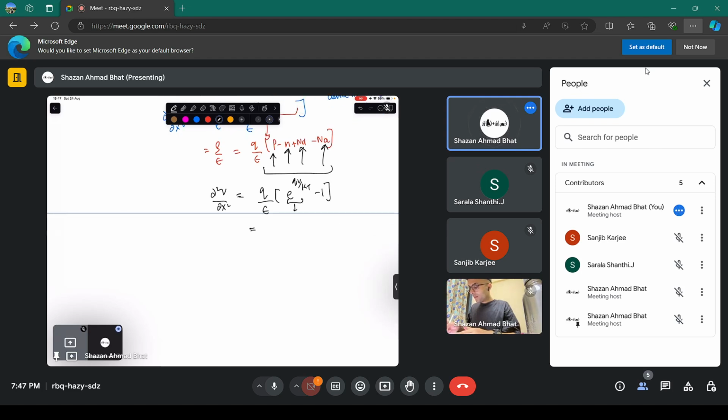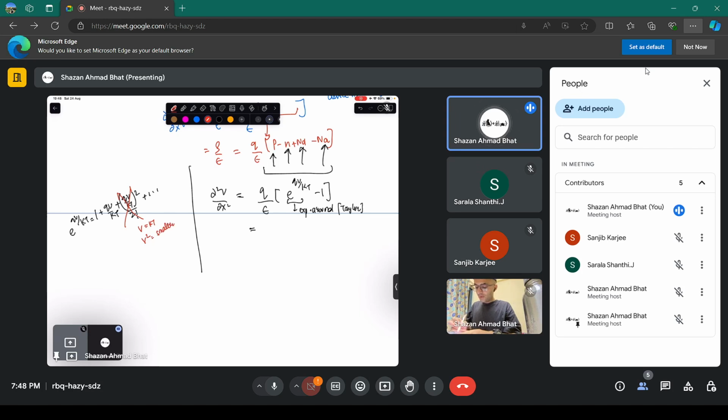And if you expand it for a small signal voltage, you Taylor expand it. You can write e to the power qv by kt as 1 plus qv by kt plus (qv by kt) squared divided by 2 factorial plus so on and so forth. If you neglect the higher terms for smaller voltage, because if voltage is small, of the order of kt, then the square term will be still smaller.